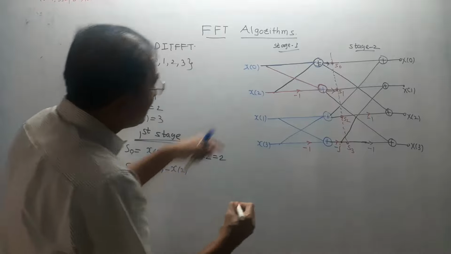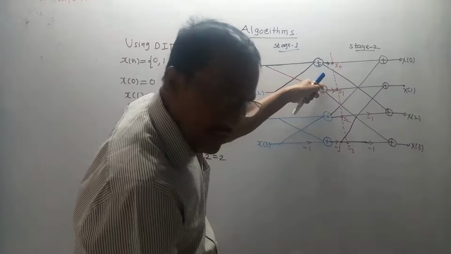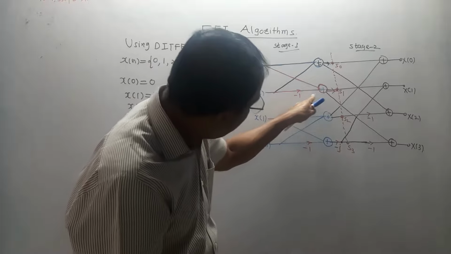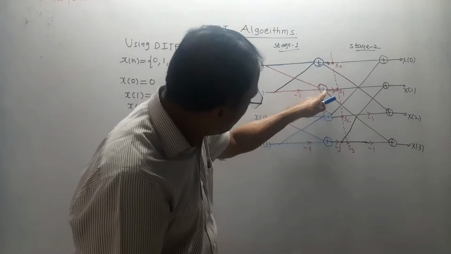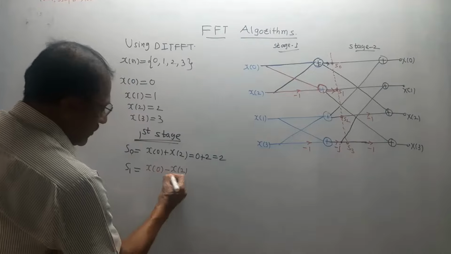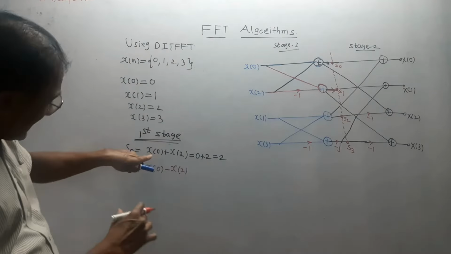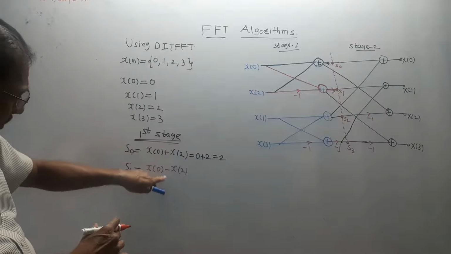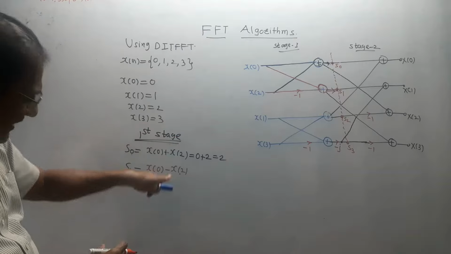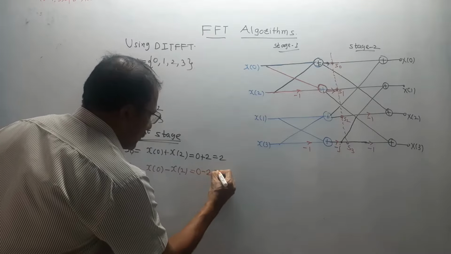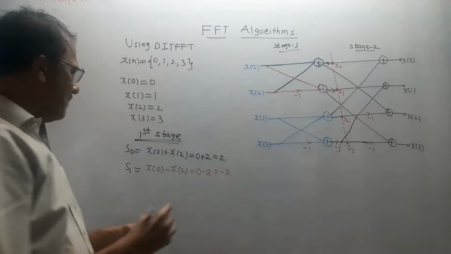Why minus? Because x of 0 is directly connected, while x of 2 is multiplied with minus 1 and then connected to this adder. The output of this adder is S1. In the exam, if you forget this, just write down the first equation and put a minus sign in between. That will be a valid equation for S1. So very simple. It is 0 minus 2, which equals minus 2.